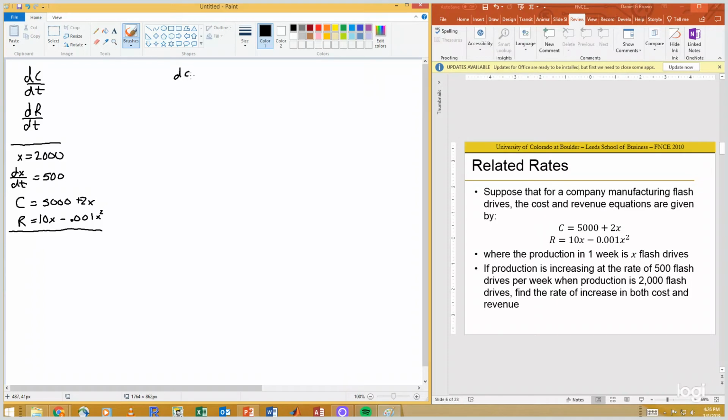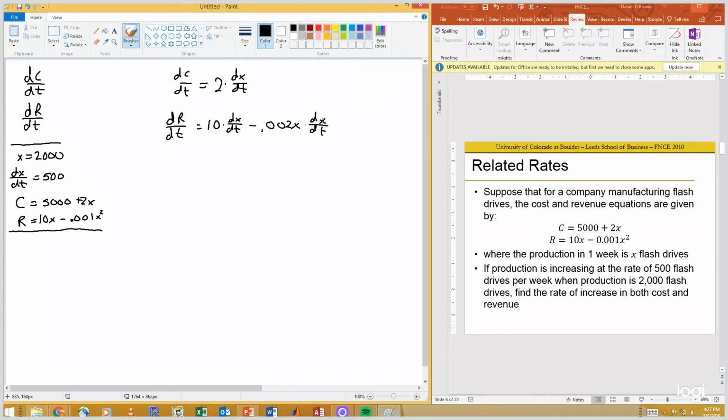So dC/dt is equal to, the derivative of 5,000 is 0, and the derivative of x is dx/dt, so we end up with 2 times dx/dt. And dR/dt, the rate of change of revenue, is equal to 10 times dx/dt minus 0.002x times dx/dt.